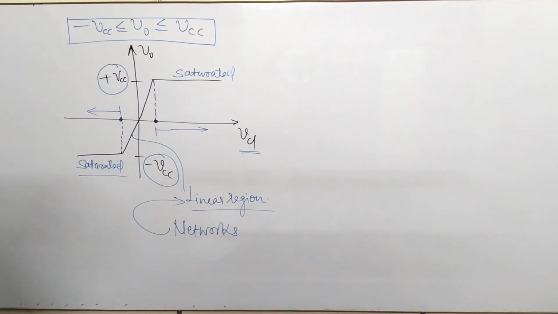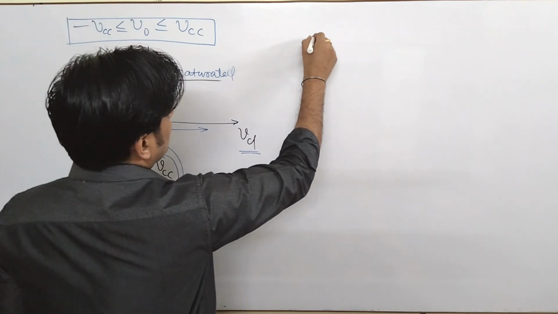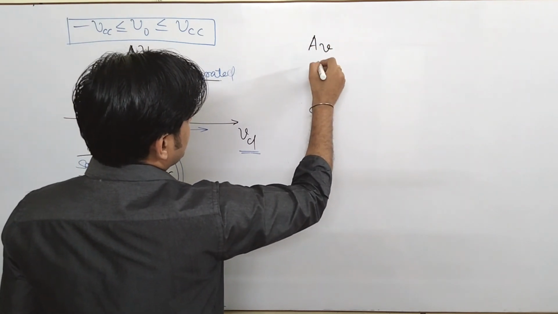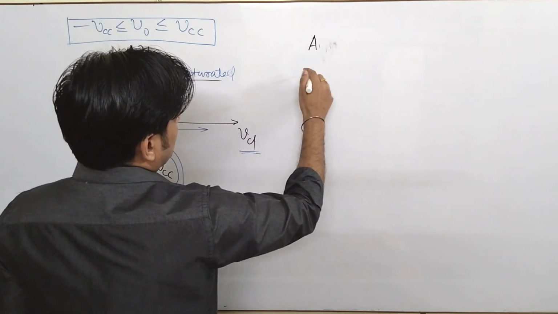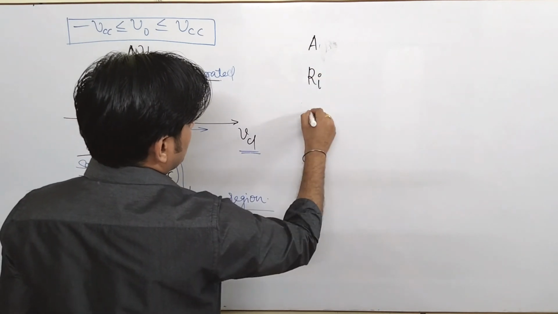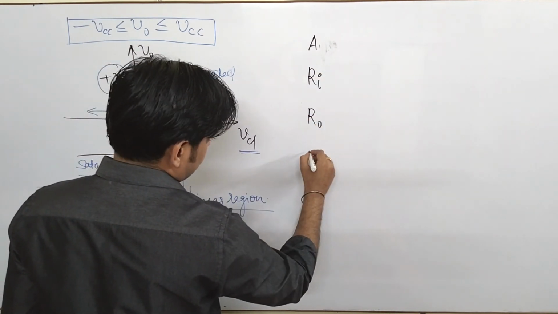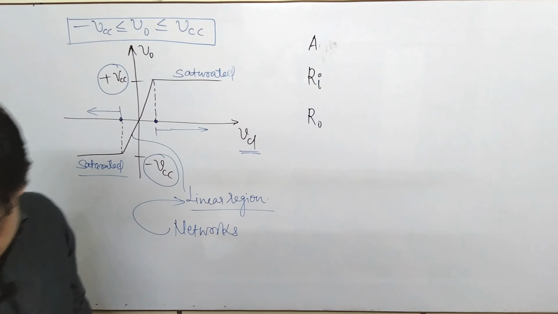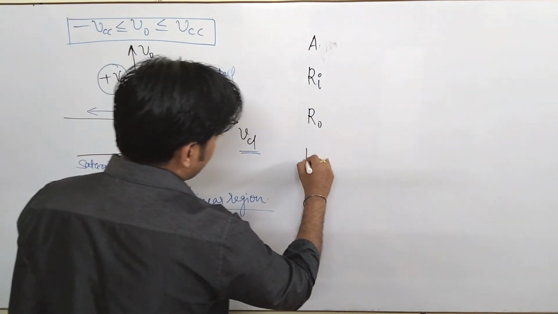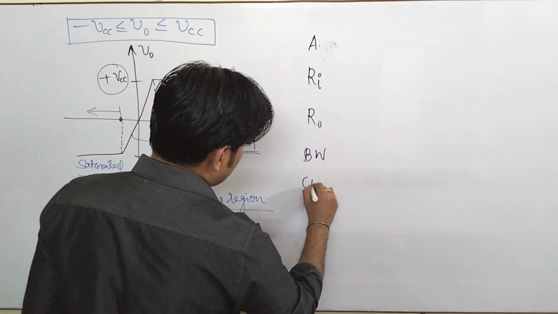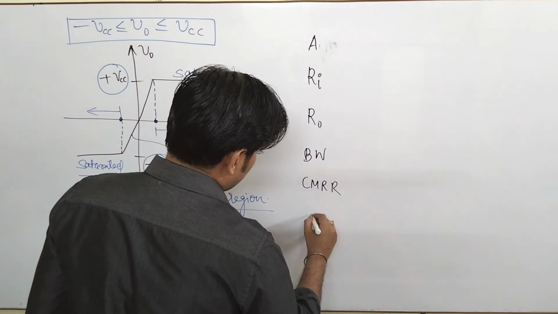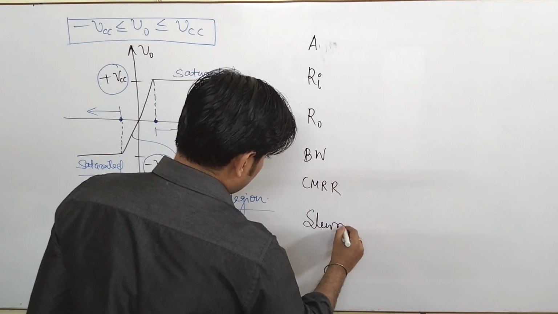Now, as I mentioned the ideal nature of an amplifier, similarly we will see all the same parameters: A, then Ri, R0, then bandwidth, CMRR and slew rate.